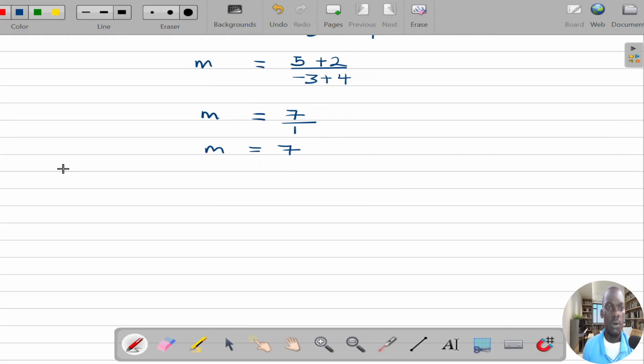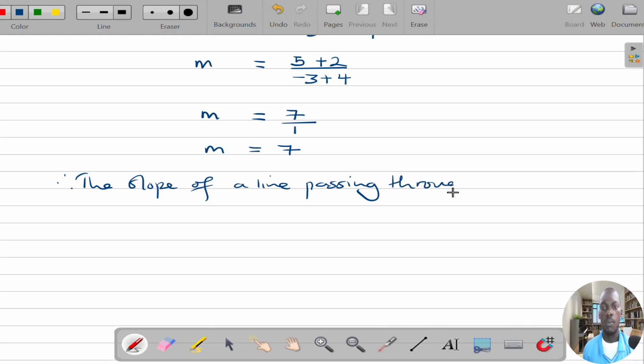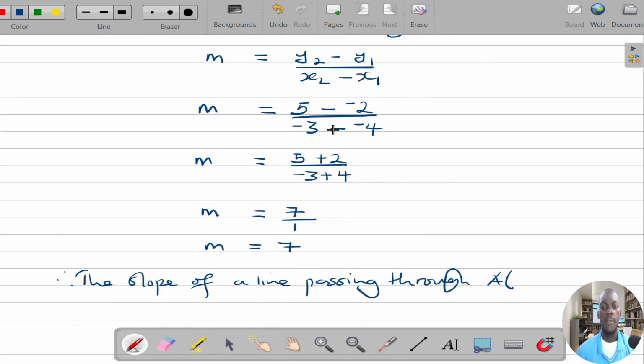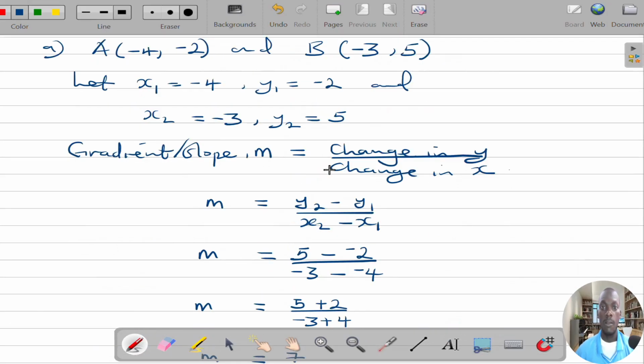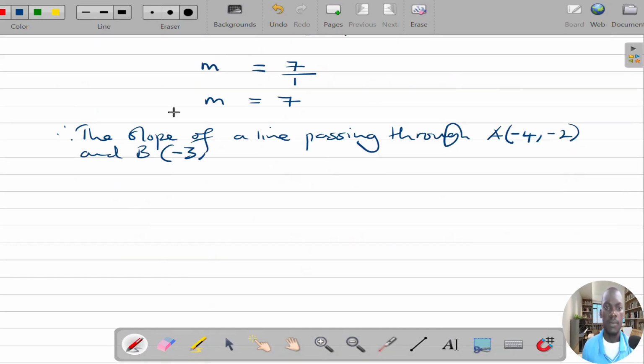We can therefore conclude that the slope of a line passing through A(-4, -2) and B(-3, 5) is 7.